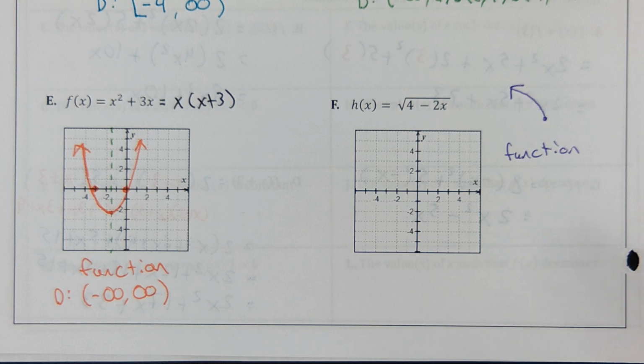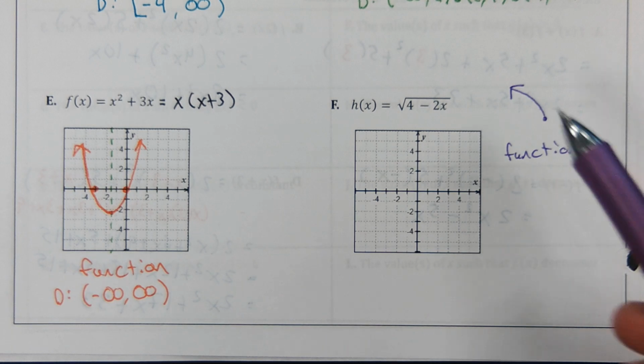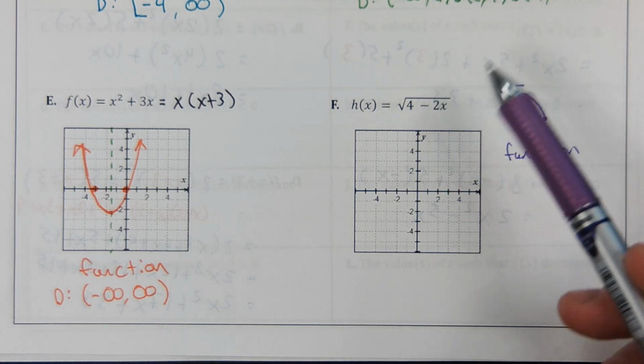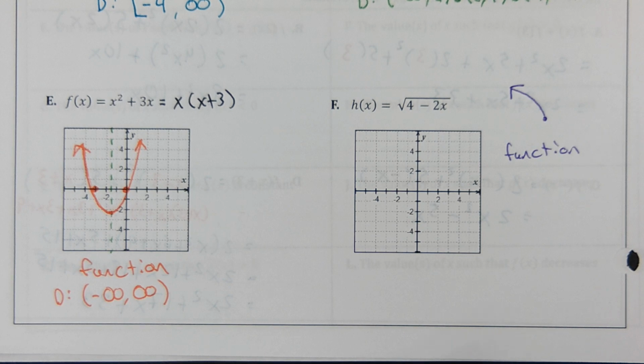The hardest part about this is finding its domain algebraically. It says square root of some stuff. And what kind of stuff are you never allowed to take the square root of, even with a calculator? Negative numbers. So we know that 4 minus 2x can't be negative.